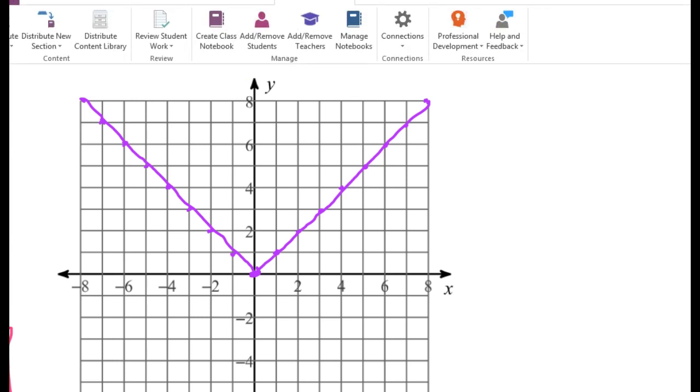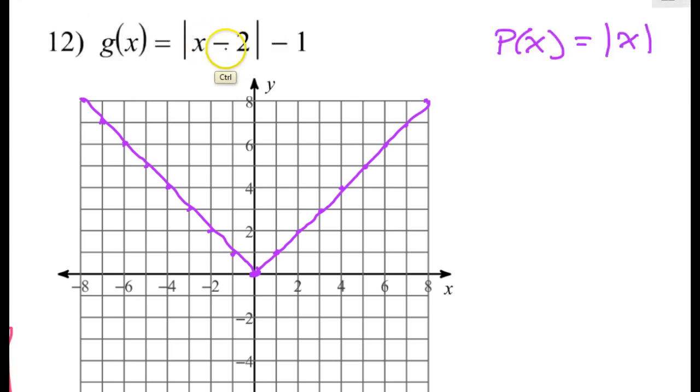So what about the transformations? Because of this -2 on the inside of the function, this is being shifted right 2. Because of the -1, it's being shifted down 1. So right 2, down 1. So this vertex is going to go right 2, down 1. But the slopes of the sides of the function will be the same.